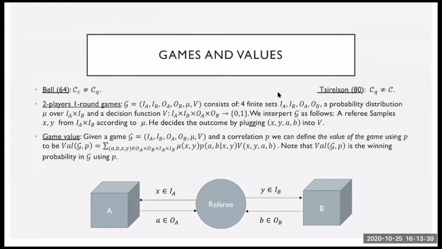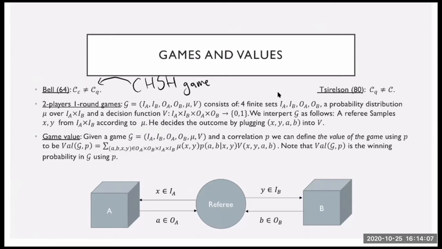Great, so we said that Bell proved in 1964 that the set of classical correlations and the set of quantum correlations are not the same. We showed the game that actually separates them, called the CHSH game.